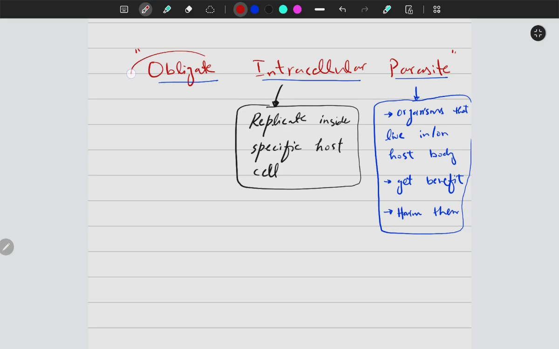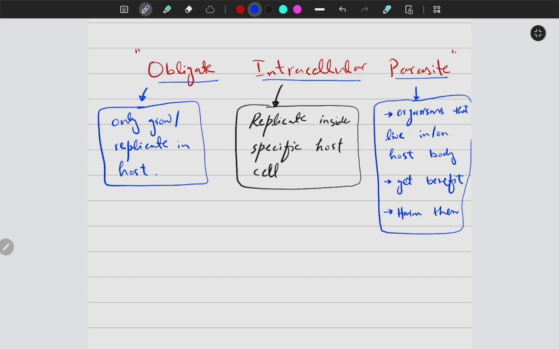Furthermore, obligate. What's the meaning of obligate? Obligate means that you cannot grow them outside the host cell, right? They only grow or only replicate in the host and not artificially.